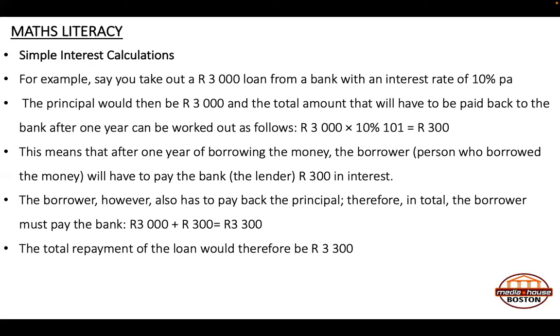So this means that after 1 year of borrowing the money, the borrower, the person who borrowed the money, will have to pay the bank lender 300 Rand in interest. The borrower, however, also has to pay back the principal. Therefore, in total, the borrower must pay the bank 3,000 plus 300, which is 3,300.